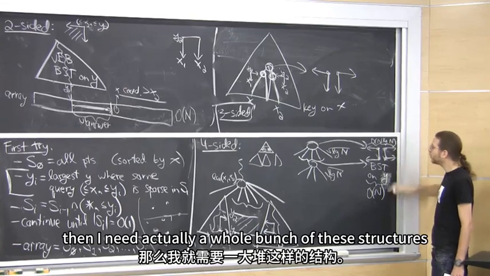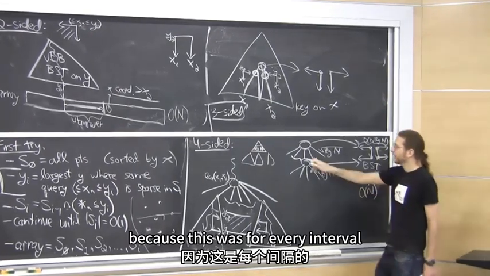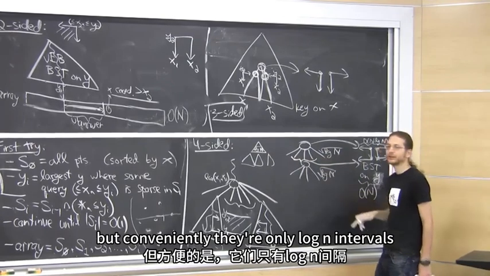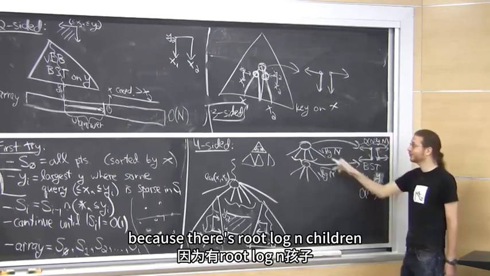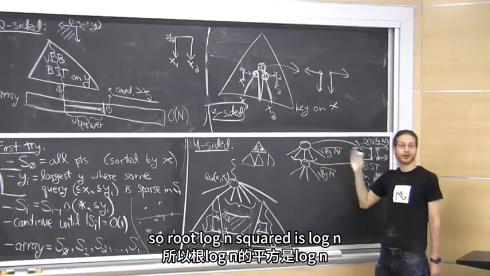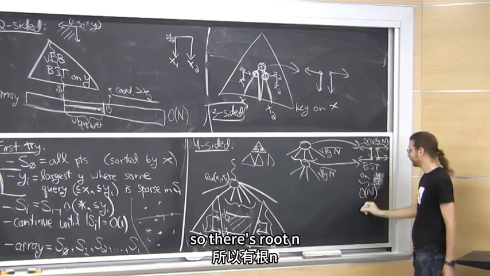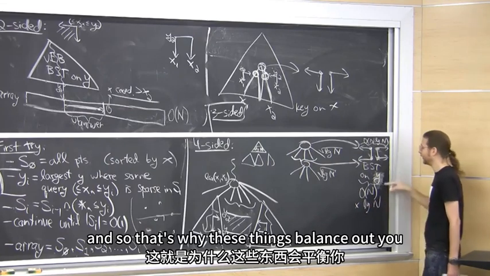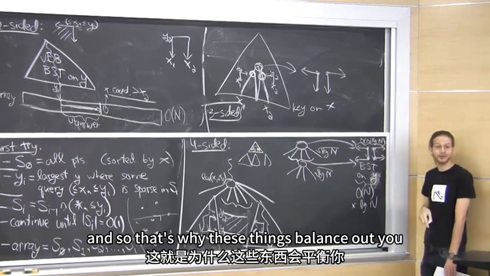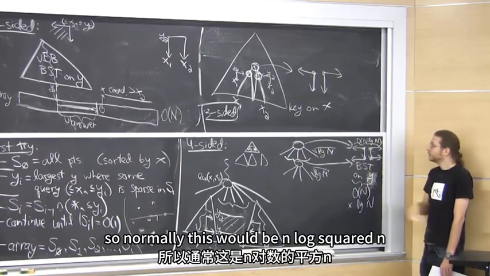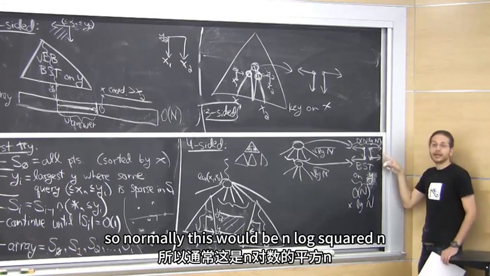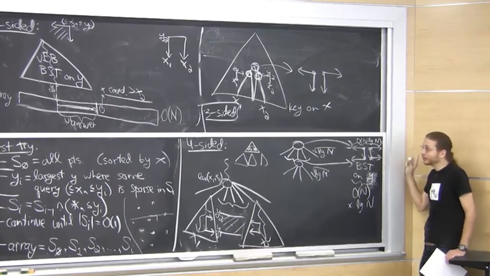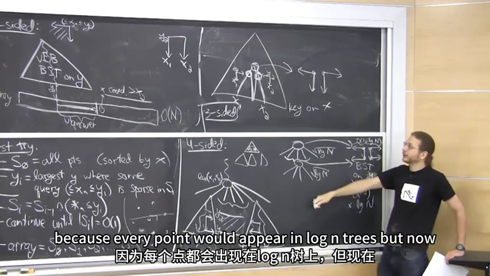Then I need a whole bunch of these structures because this was for every interval. But conveniently, there are only log n intervals because there's root log n children. So root log n squared is log n. And that's how these things balance out. Normally, this would be n log squared n because every point would appear in log n trees.